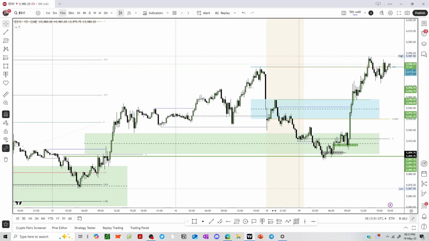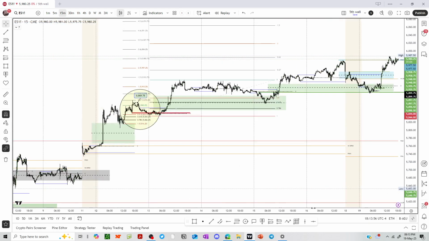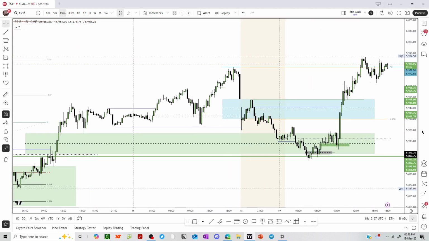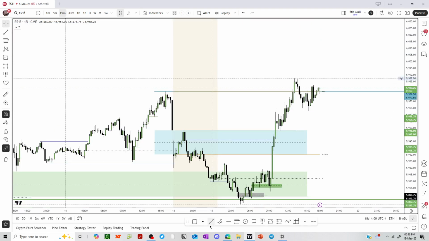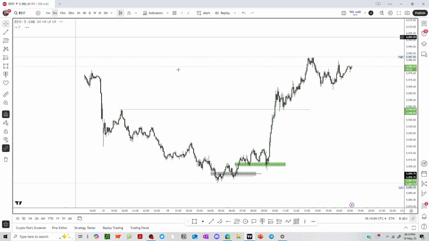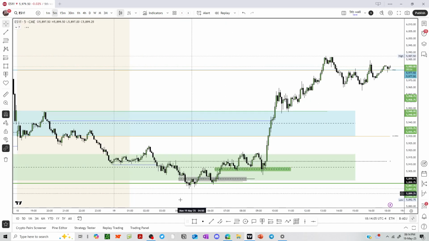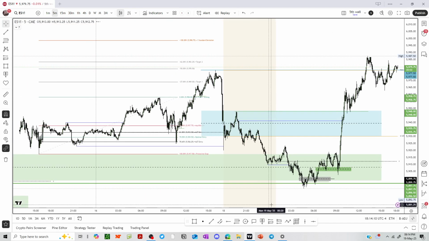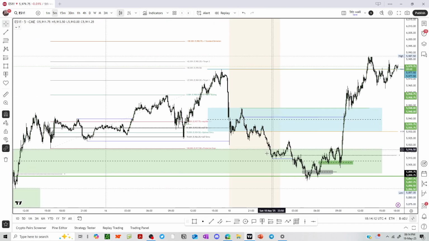I don't think we need to force anything else, because price is just that. This whole thing is just beautiful though. But this is a market maker buy model. Let's see what the 5-minute holds, if anything becomes clearer. You can also do power of 3 for the day, right?